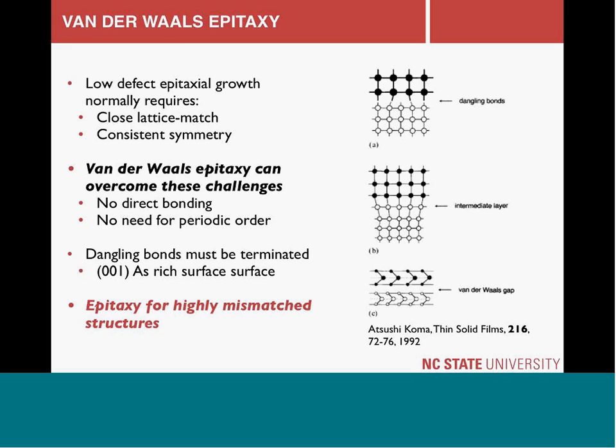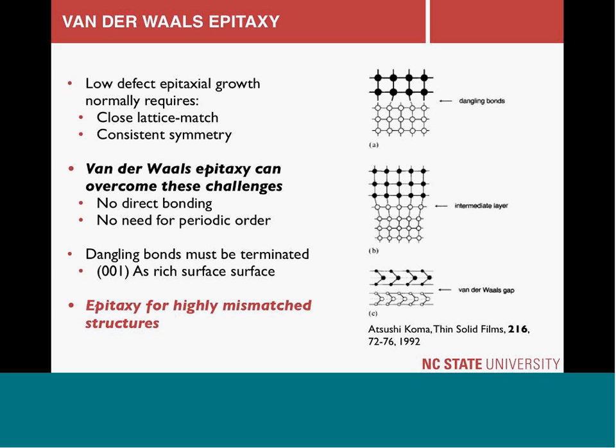This concept of van der Waals epitaxy comes in. So instead of having direct chemical bonding between your thin film and your substrate, if you put all of your dangling bonds on the substrate, you can just put another layer of something like bismuth telluride on top of that without chemical bonding, but with secondary bonding effects, van der Waals forces, holding the film to the substrate.